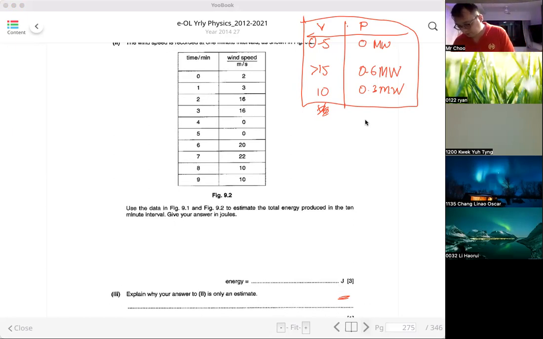The explanation below, can you all see? This explanation is 1 mark.